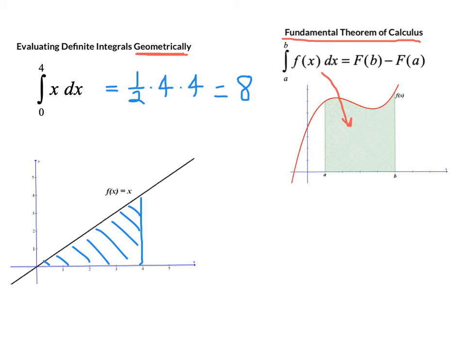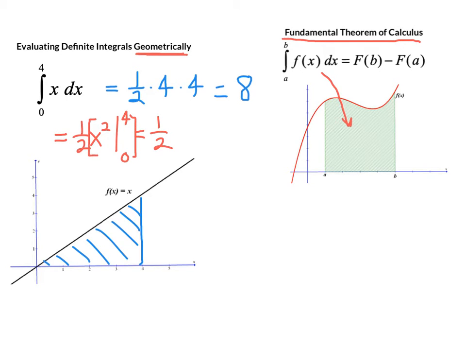Now, in this particular case, we could have used the fundamental theorem. It always works if you can find the antiderivative. So let's just check our answer doing that. Pretty simple case. We have 1/2 x squared. Remember your notation here, the vertical bar means we're evaluating the antiderivative from 0 to 4. A lot of times when you have a constant multiple, it's nice to pull that out of the evaluation.